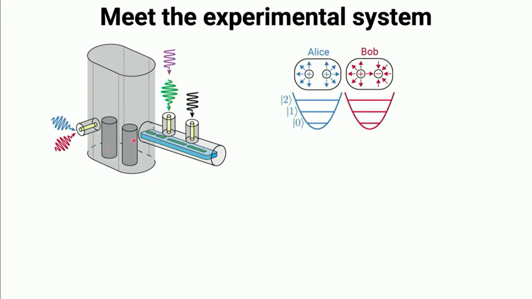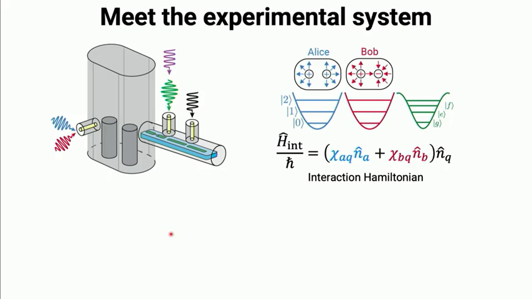These two modes live in this volume right here. And as I mentioned before, I couple both of the modes to a transmon qubit based on a Josephson junction. And that lives on this chip right here, which is poking into this cavity. If I have this configuration, these three modes, Alice, Bob, and the transmon, will interact with each other via a dispersive interaction that looks something like this, with some rates chi_AQ, chi_BQ, and the n represents the number of excitations in each of the modes.